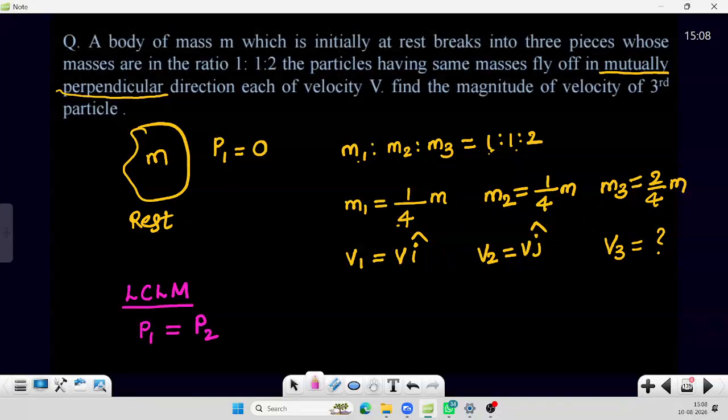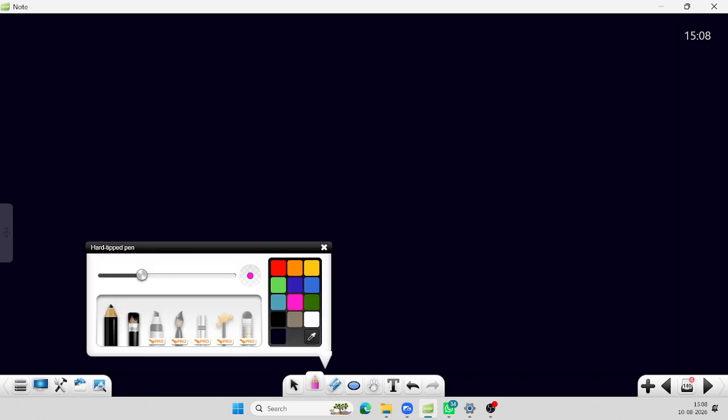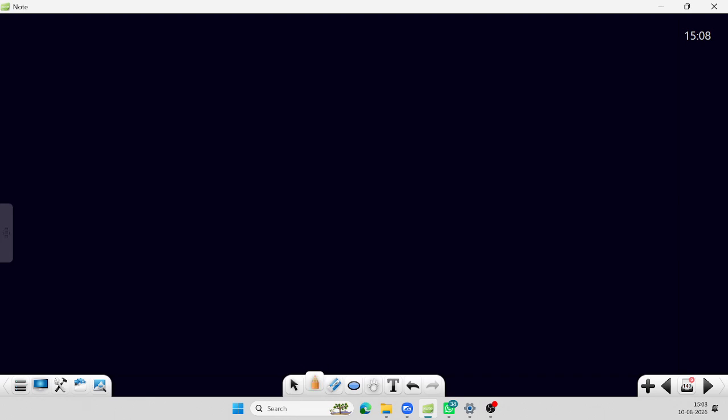Total initial momentum of the system is 0, and the final momentum will be given as M1 V1 plus M2 V2 plus M3 V3.